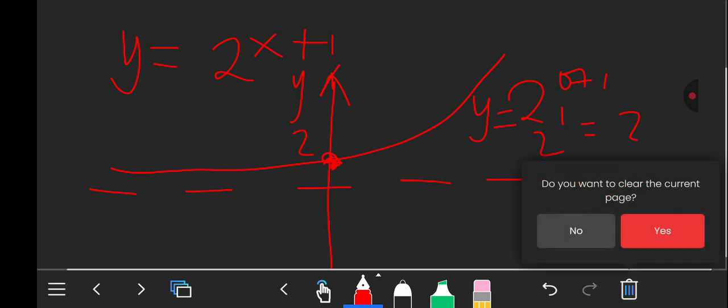Let's look at the last scenario, which they can give you. Sometimes they can say, maybe, y is equal to negative 2 plus 3 to the power x.